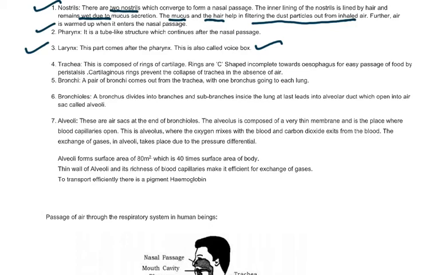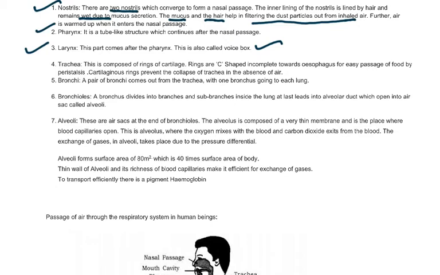The epiglottis is a lid-like structure which helps in closing the opening of the larynx so that the food can slide back, because just behind the windpipe there is a food pipe. So when we ingest food, the epiglottis closes the opening of the larynx, as a result of which the windpipe closes and the food slides over it into the food pipe.